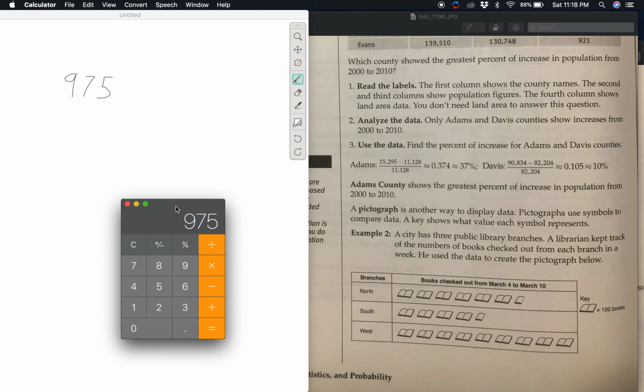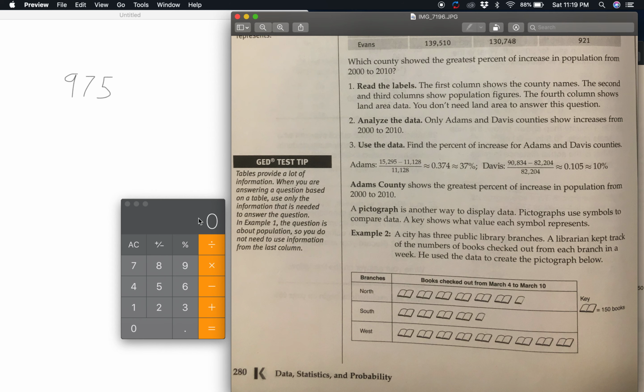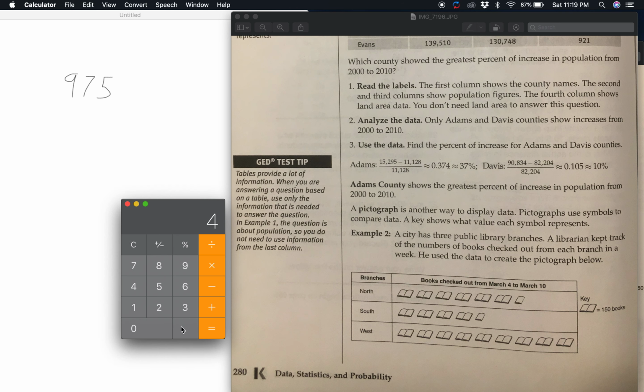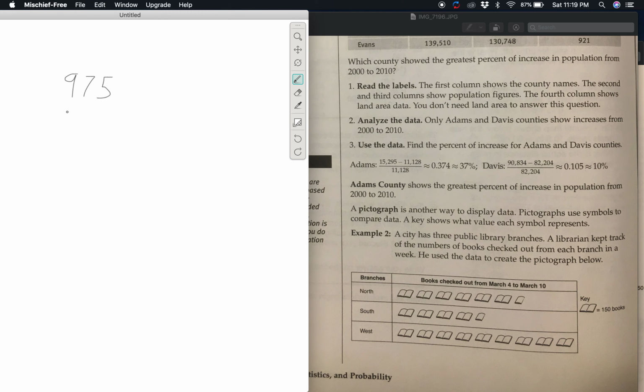And then in the South Branch we have 4.5. 4.5 times 150 equals 675.